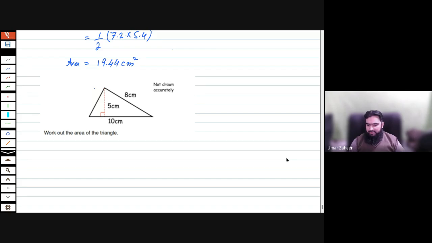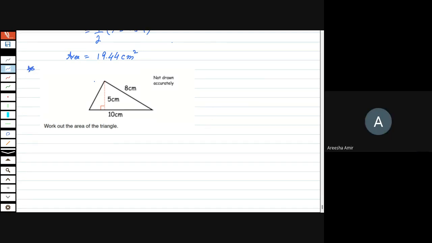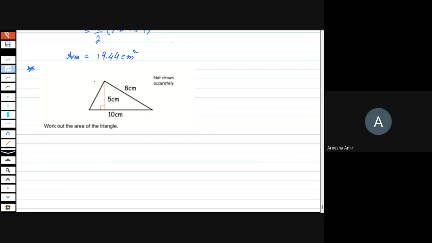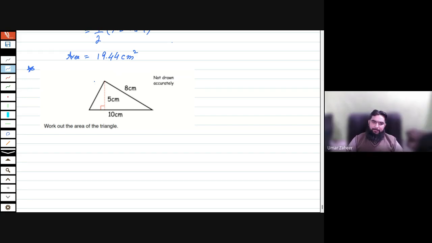Are you here? Yes, sir. We need to find the area of a triangle. How can we find it? So it's two triangles, right? We are going to take it as one. You can take it as two as well, or you can take the whole as one.